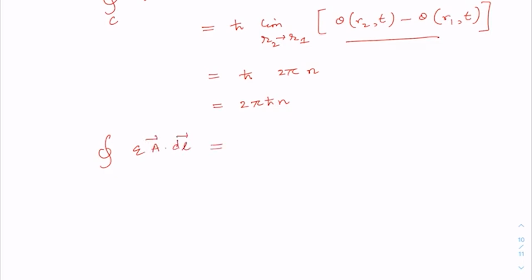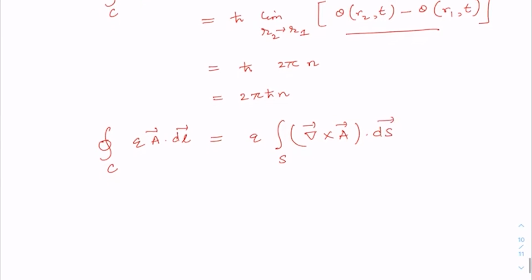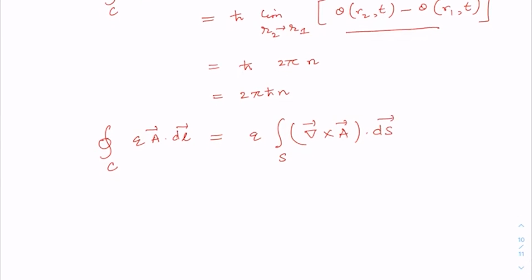If you can see, I can apply the so-called Stokes theorem. Then I have q is equal to the line integral around a closed curve C, and then I can convert it to a surface integral, and you have curl of A dot ds, that is the surface integral, coming from the Stokes theorem.